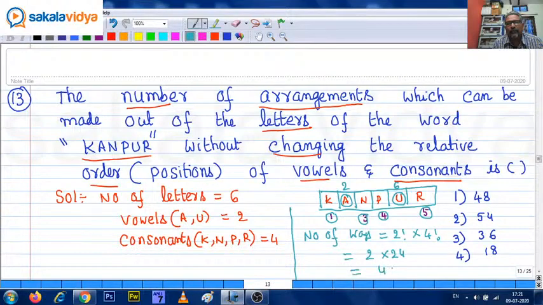So the answer is 48. That means the first option is the right option. The 2 vowels are arranged in 2 factorial ways, whereas the 4 consonants can be arranged in 4 factorial ways in their respective places without changing their positions.